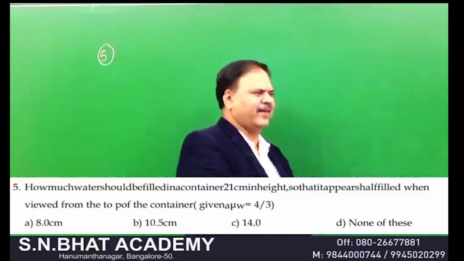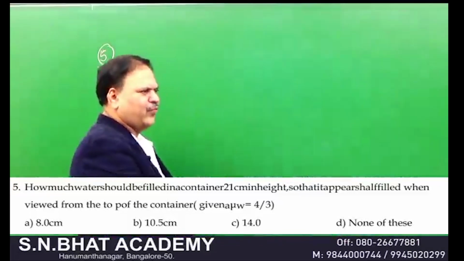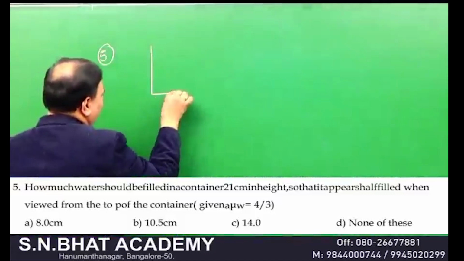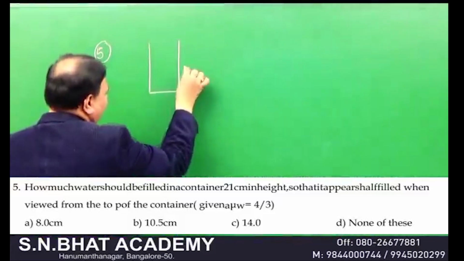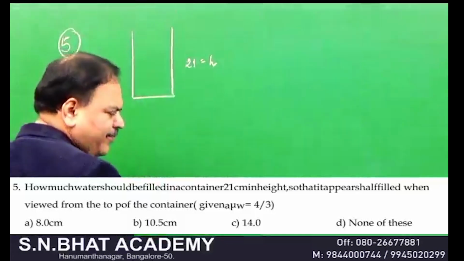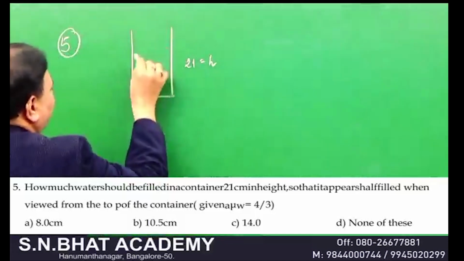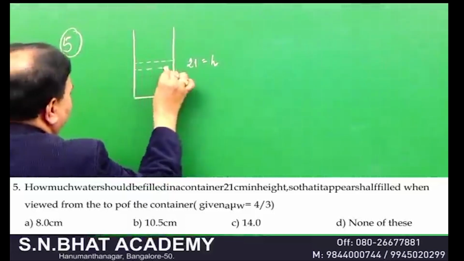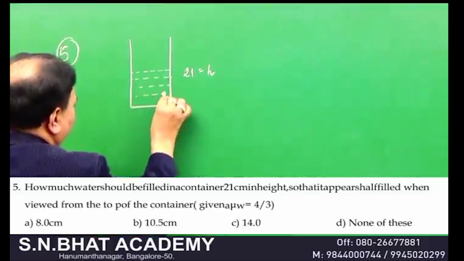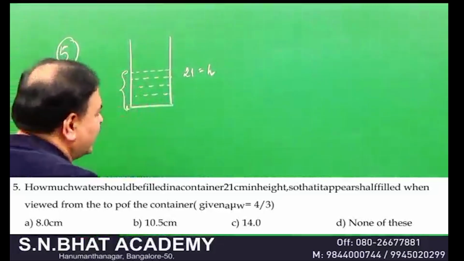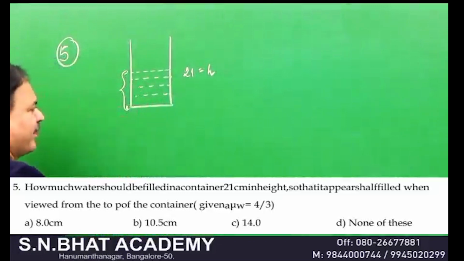Given the refractive index is 4 by 3. Look how good that question is. You have a container. Total height of the container is 21 centimeter. He is viewing from above, and he finds that it appears to be, this is called the apparent depth.